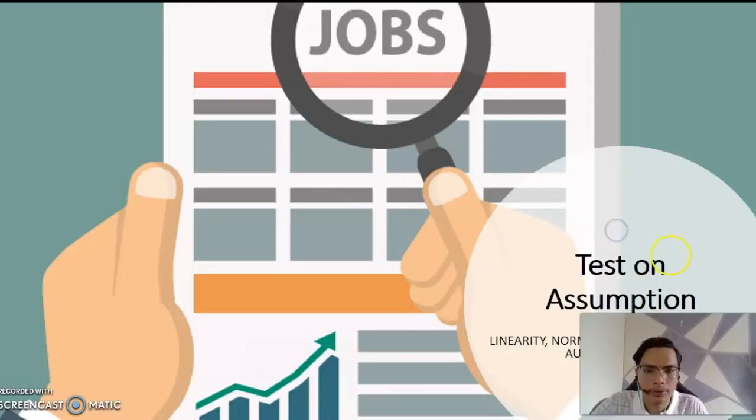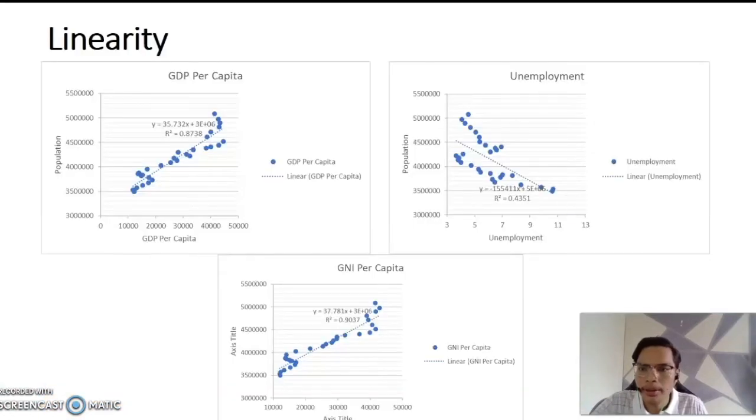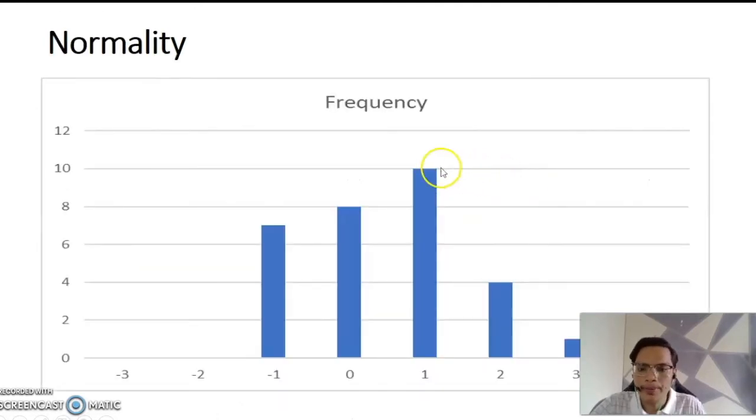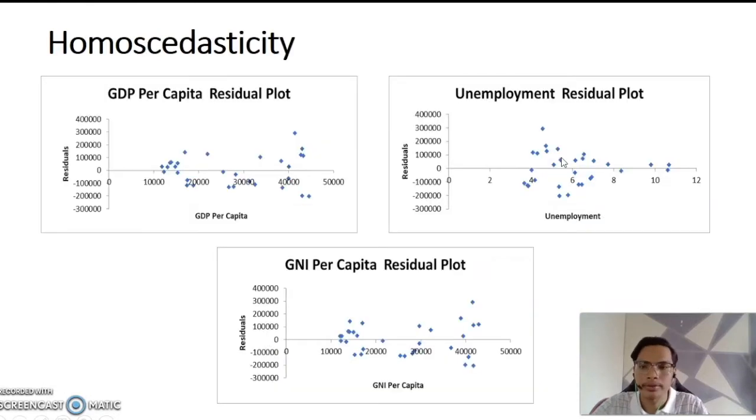Now we continue to the test on assumptions. Firstly is linearity. There is linearity between GDP per capita and population, and non-linearity between unemployment and population. Also, there is linearity between GNI per capita and population. Next is normality. The residual histogram appears slightly skewed, but is not a serious departure. Next is homoscedasticity.